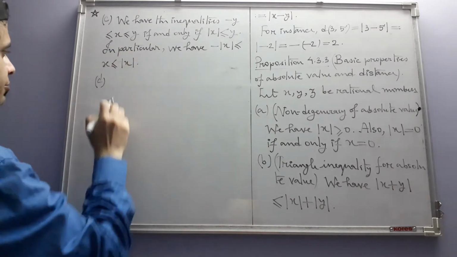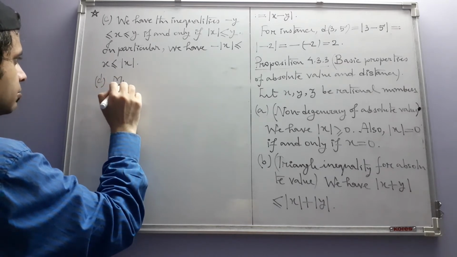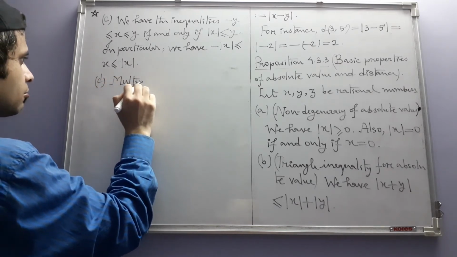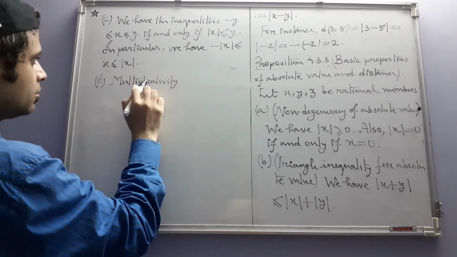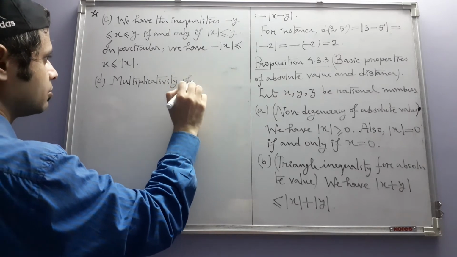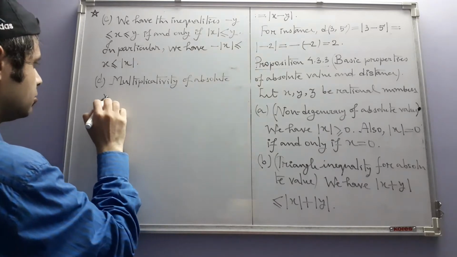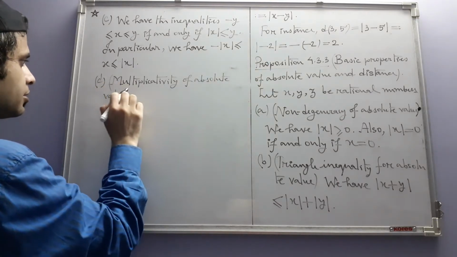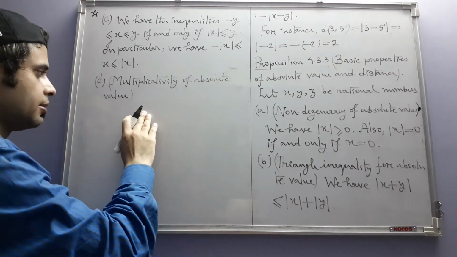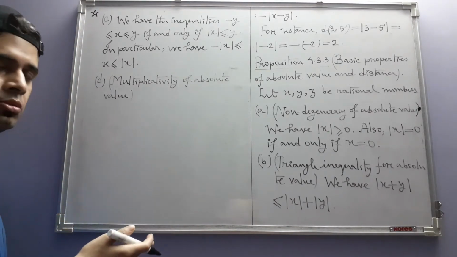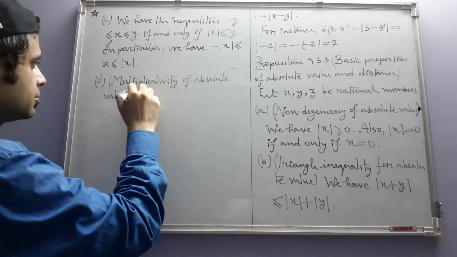This part does not have any name. In part D, this again has a name. Multiplicativity of absolute value. The function absolute value respects multiplication in the sense that the absolute value of the product of two rational numbers is equal to the product of their absolute values.